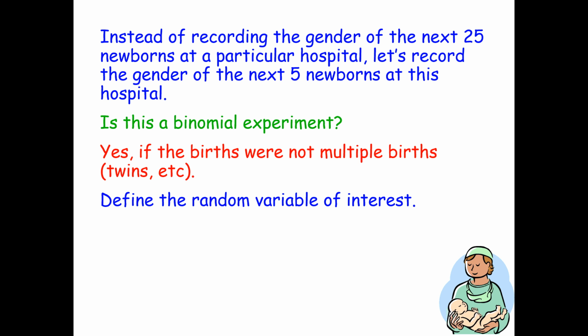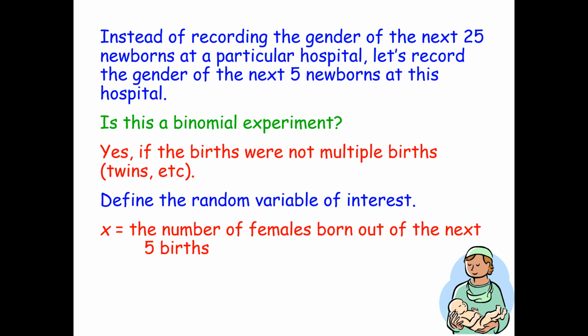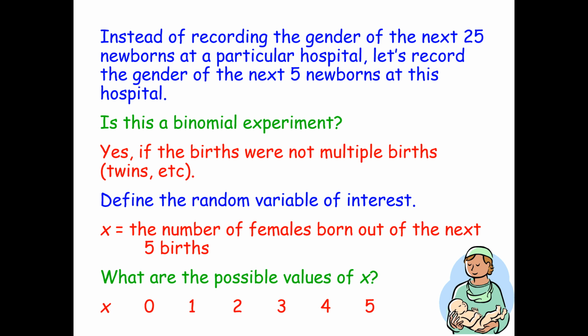What should we let x equal? Let x equal the number of females born out of the next 5 births. What are the possible values of x? Well, you could have 0 babies, or 1, or 2, or 3, or 4, or 5 be females.